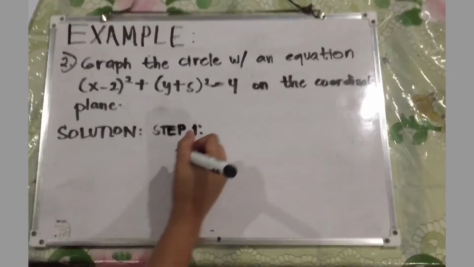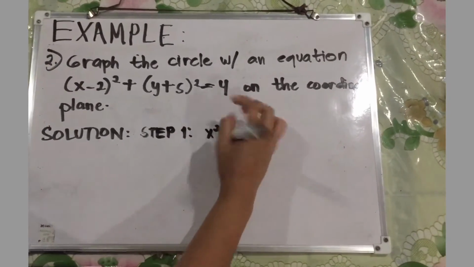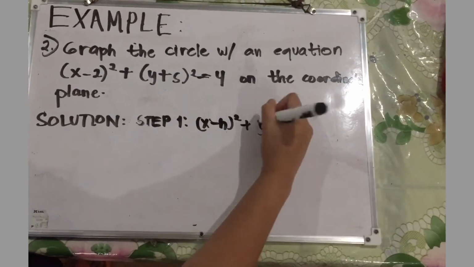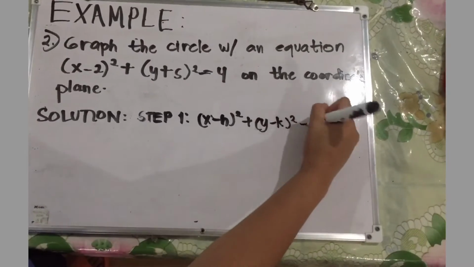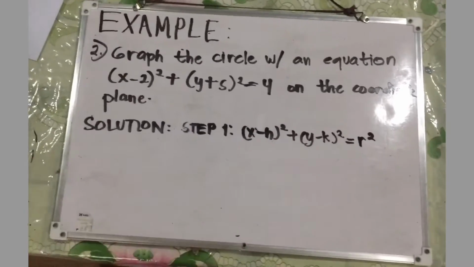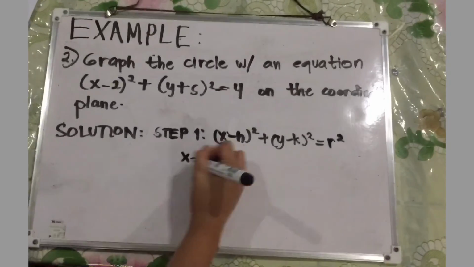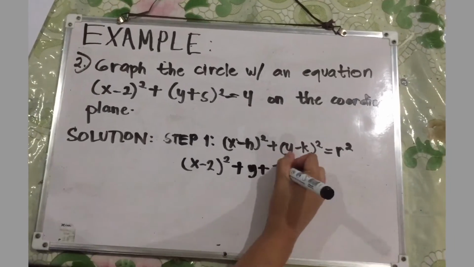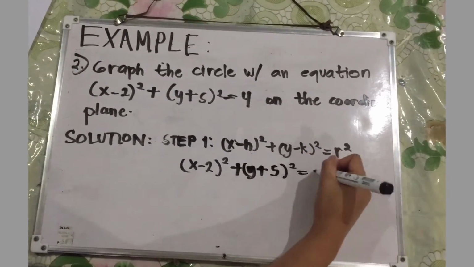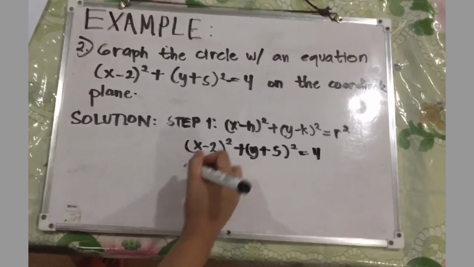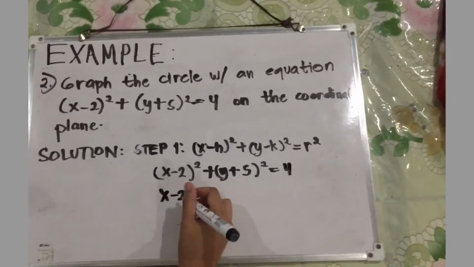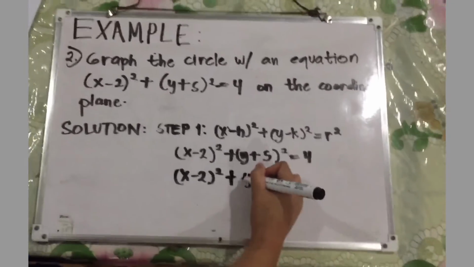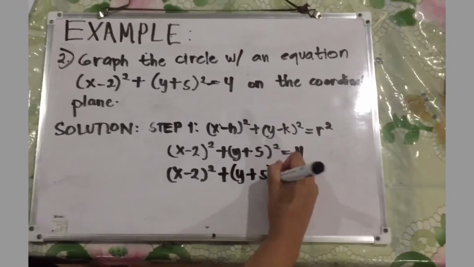From the standard form, (x minus h) squared plus (y minus k) squared equals r squared, the given is (x minus 2) squared plus (y plus 5) squared equals 4.